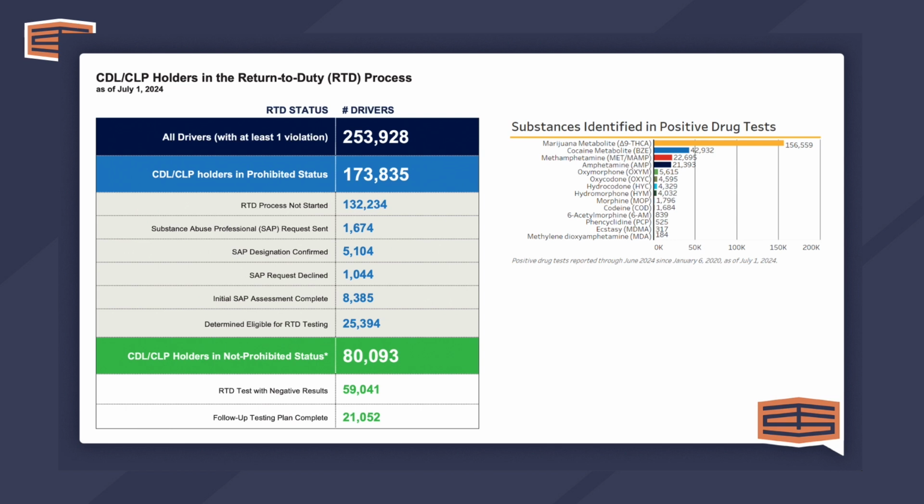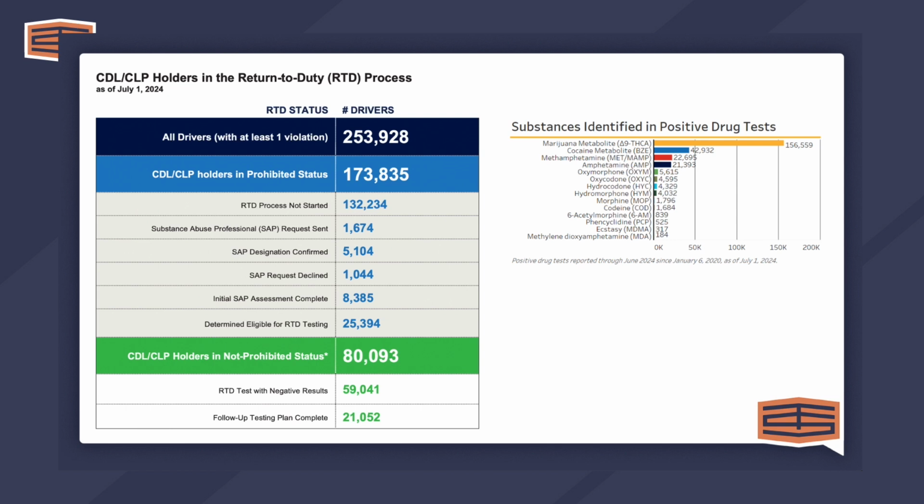And that number represents those CDL holders that have had a violation that are now in not prohibited status, meaning they have completed return to duty testing with negative results and/or they've completed the follow-up testing plan that the SAP has prescribed. What we see, contrastingly, is that the light blue number there, roughly 174,000, those drivers represent the pool that are still in a prohibited status after receiving a violation in the clearinghouse.